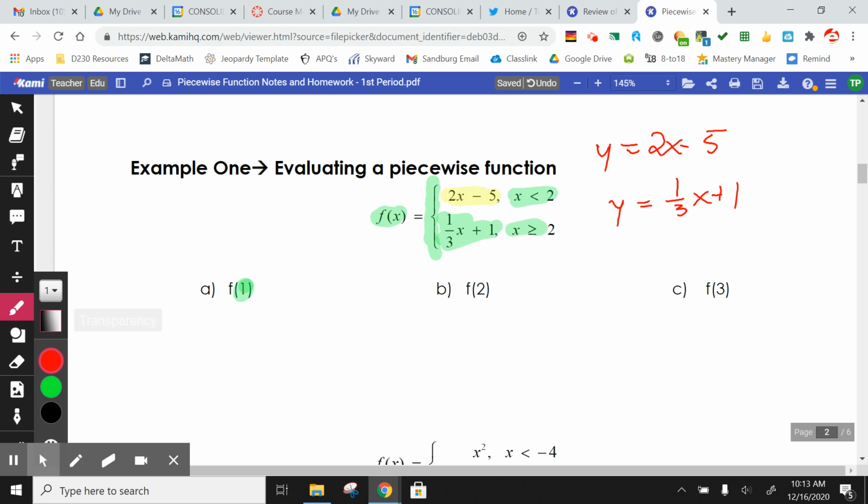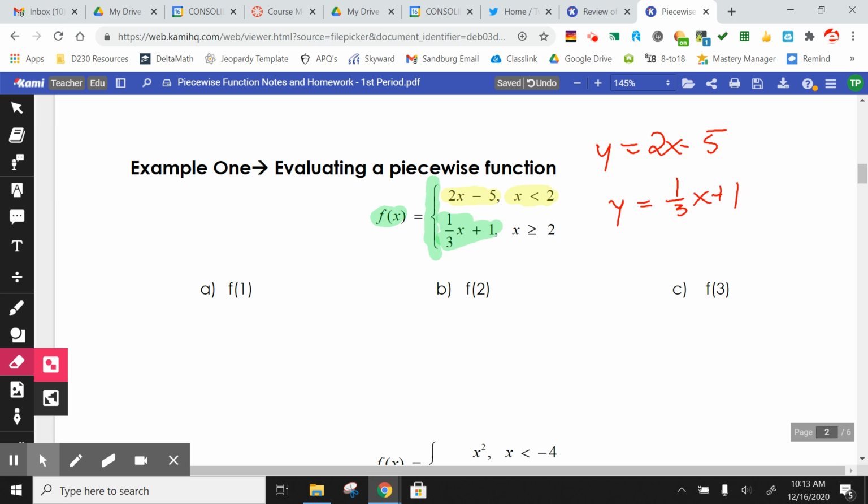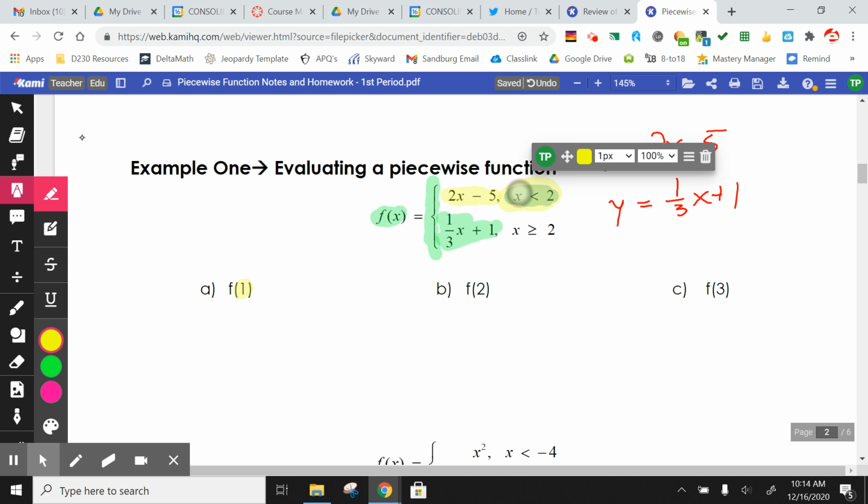So let me do these in colors so that we understand what I'm getting at. The first one, the yellow one, we're only going to use if our x's are less than 2. So if we look at letter A, is the x value that I'm asking you to evaluate less than 2? Is 1 less than 2? Yeah. So because 1 is less than 2, we're going to take the 1 and plug it into that first part of the function.